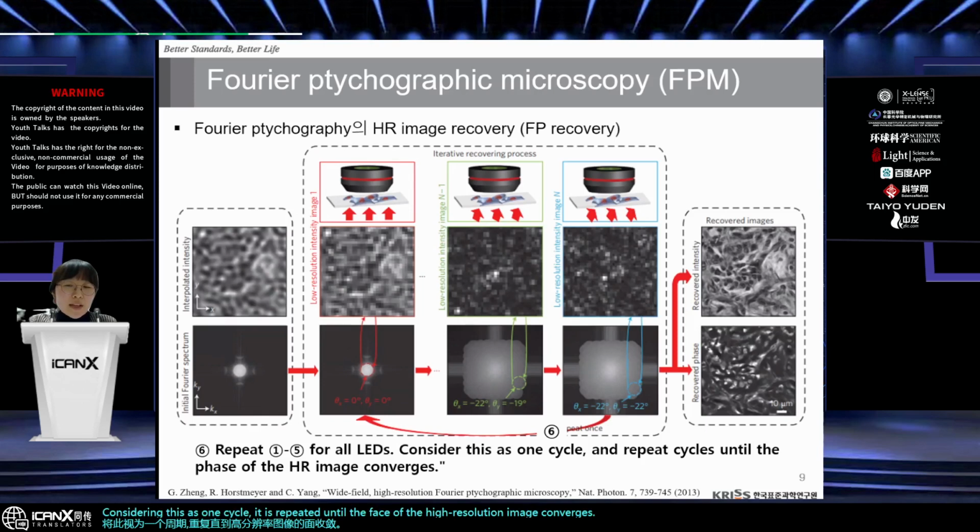During this process, the spectra obtained from LEDs need to sufficiently overlap and be stitched together by using the LED's partial coherence to converge the phase accurately and quickly. As a result, as shown in the last figure, it becomes possible to obtain both the high-resolution image and the phase value of the sample simultaneously.